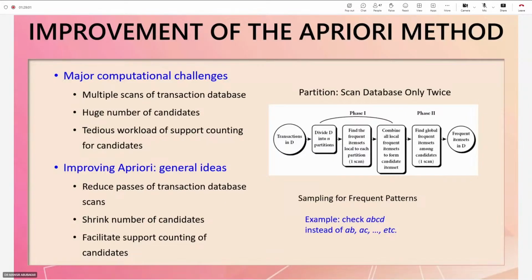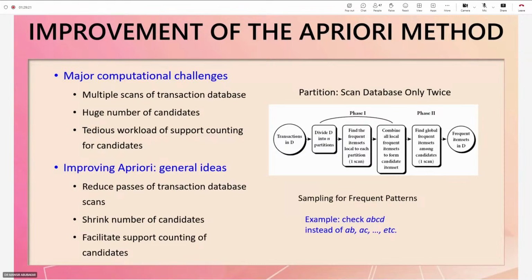So this FP algorithm comes to address these challenges. So we always try to compare these three algorithms and see which one has better performance.